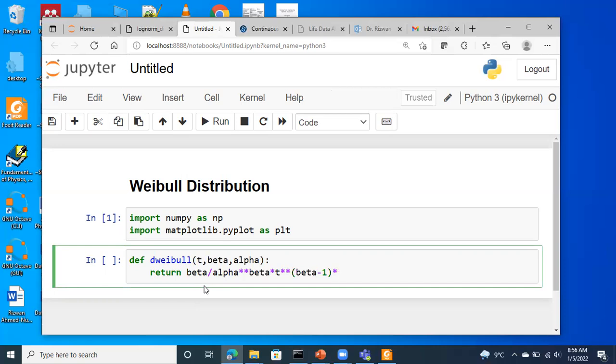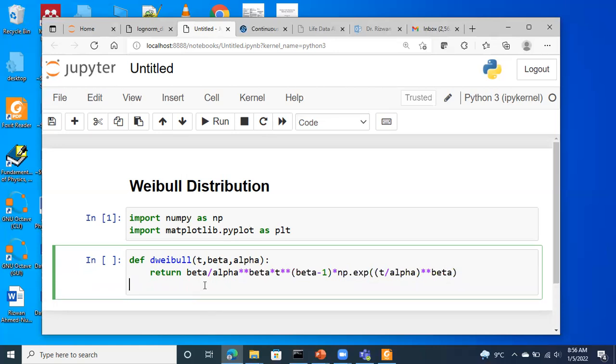Times numpy exponential function exp of t over alpha, and this is to the power beta, and that's it.